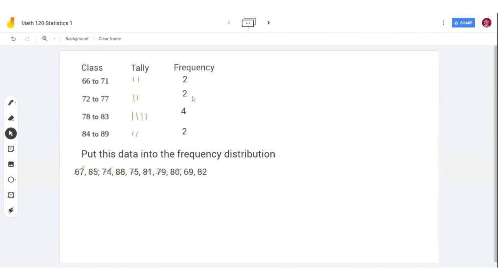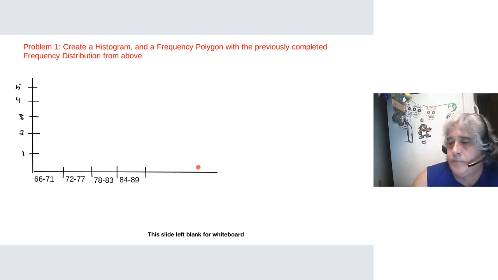So the good thing, the way I picked it, is it's 2, 2, 4, and 2. So what I'm going to do then is, so there's 2.